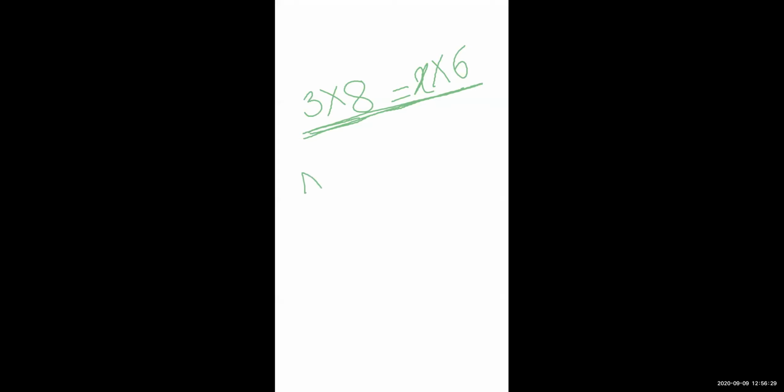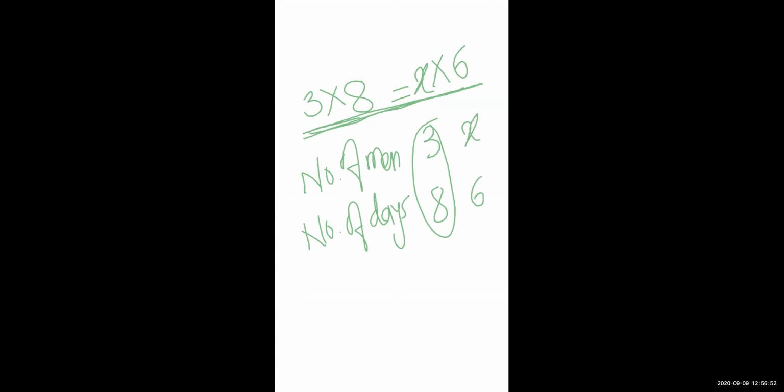Just look here, number of persons and number of days. 3 persons will complete the work in 8 days. So suppose X persons will complete the same work in 6 days. Now take the multiplication of this, and both are equal. How to solve this?